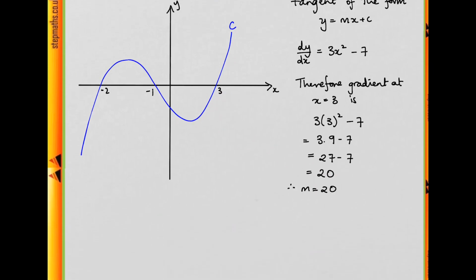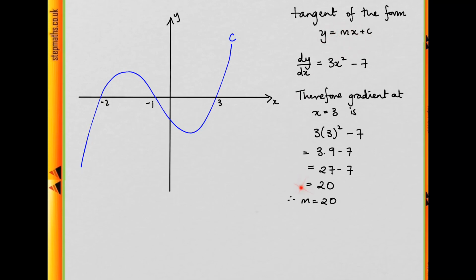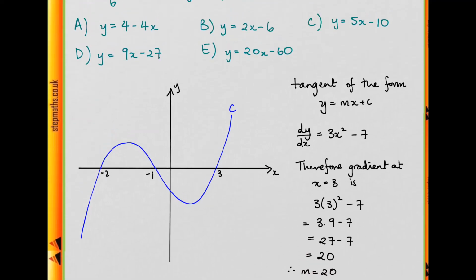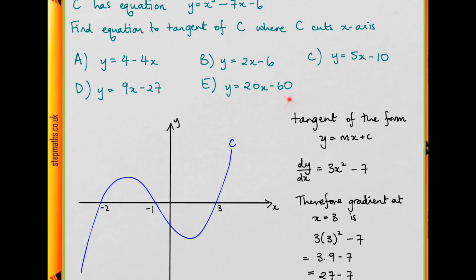Therefore, the gradient of our tangent m is going to be equal to 20. Now we just need to know c, where it cuts the y-axis, the y-intercept. Now we found our gradient, and if you look, there's actually only one solution which has 20 as its gradient, so we can already say that the answer is going to be E.